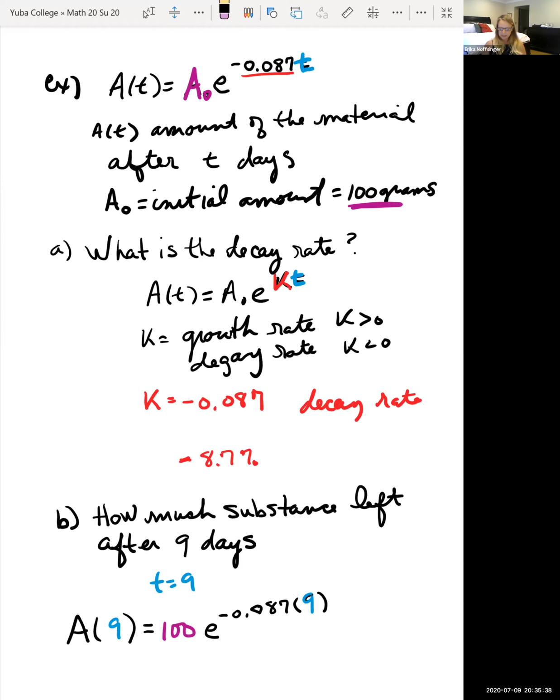When you're plugging this into the calculator, make sure that when you're plugging in this exponent, depending on how you do it, you do the multiplication first, or you put brackets around that whole thing. So e raised to that power, I get approximately 0.457, and then times the 100.